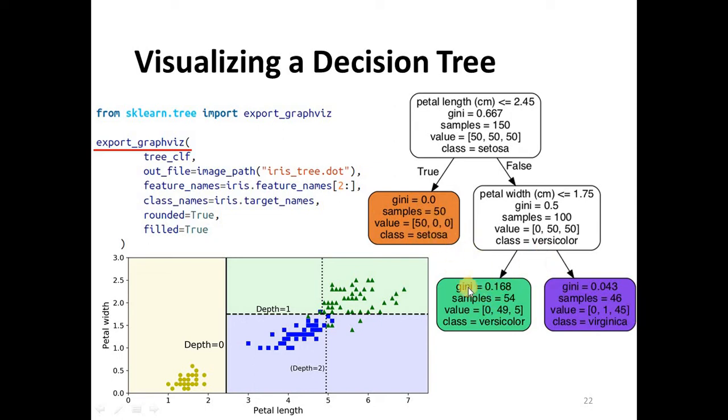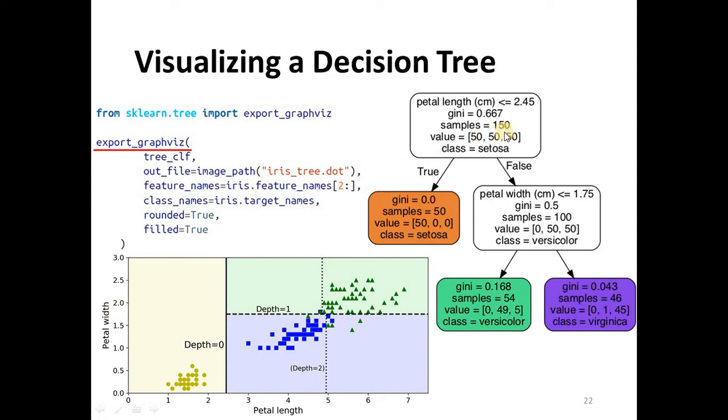Now, the colored nodes are leaves, and the white ones are where decisions are made. This plot shows the 150 instances. We have three classes, yellow, blue, green, and two features, petal length and petal width.